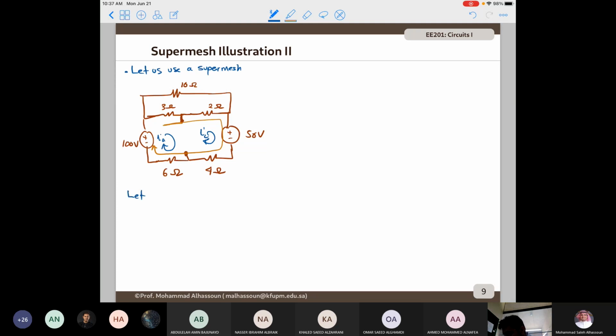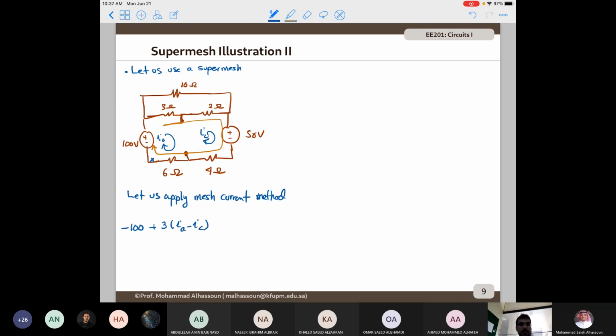So let's apply the mesh current method. Okay. So this is going to be minus 100 volts. We're starting from this point, plus 3 IA minus IC.